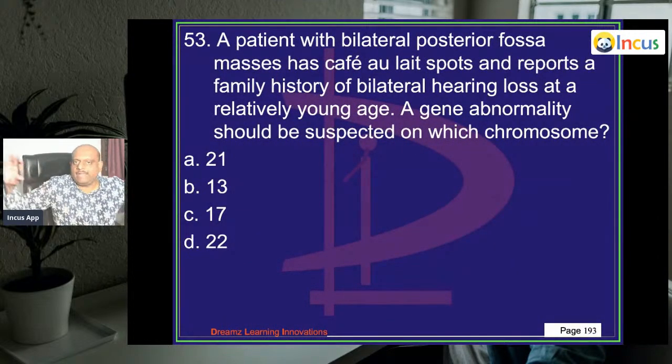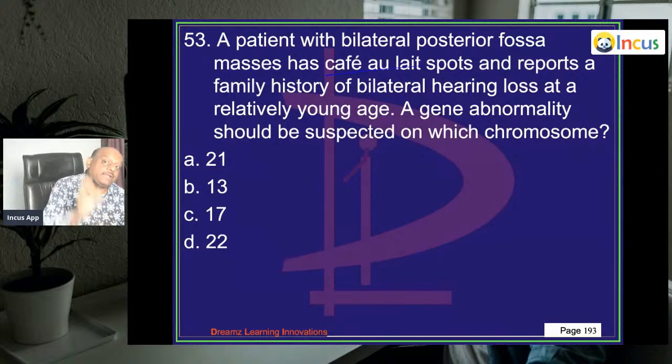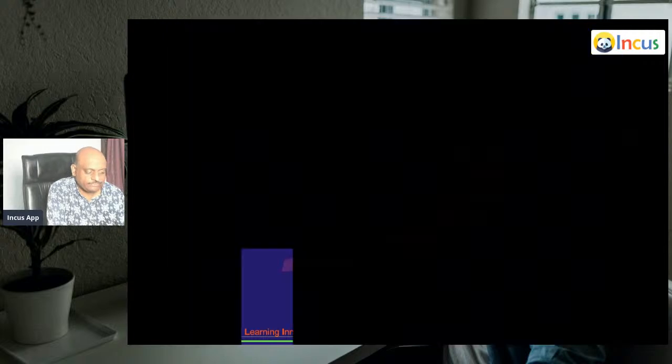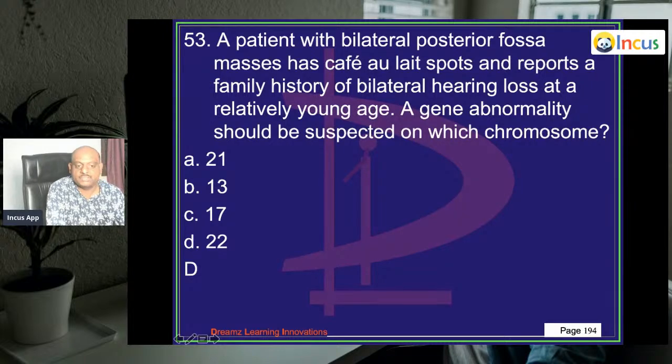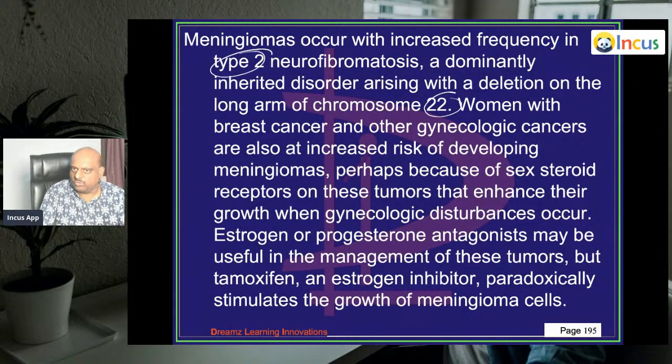A patient with bilateral posterior fossa masses with cafe-au-lait spots. Family history of bilateral hearing loss at a young age. Obviously, it is a case of neurofibromatosis. So, it is chromosome number 22, type 2 neurofibromatosis.